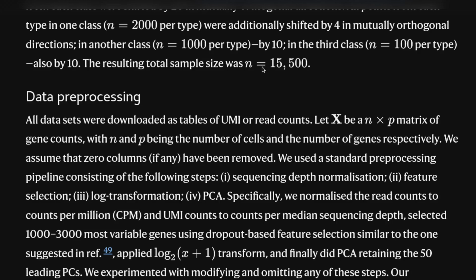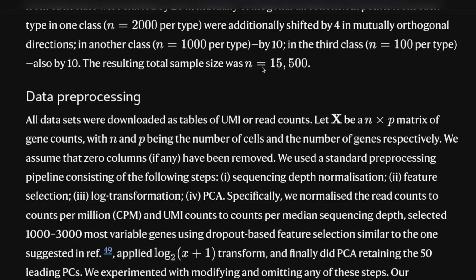Specifically, we normalized the read counts to counts per million, CPM, and UMI counts to counts per median sequencing depth, selected 1,000 to 3,000 most variable genes using dropout-based feature selection similar to the one suggested in Ref. 49, applied log transform, and finally did PCA retaining the 50 leading PCs. We experimented with modifying and omitting any of these steps.